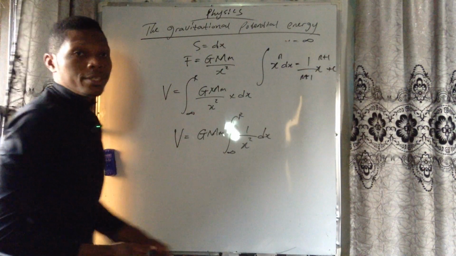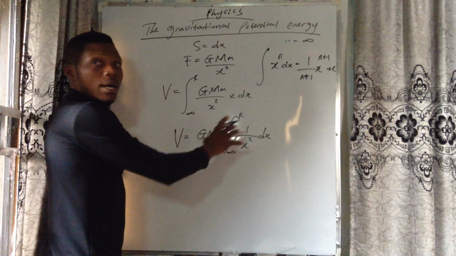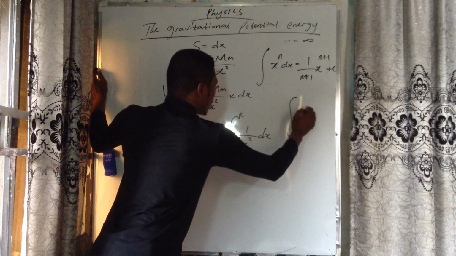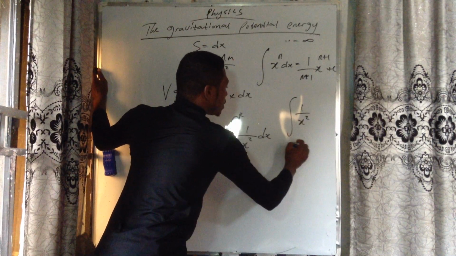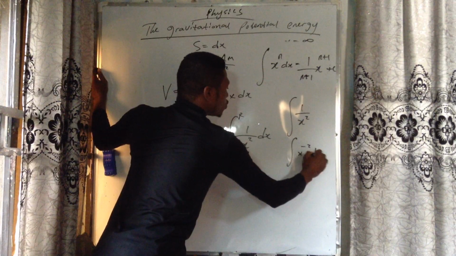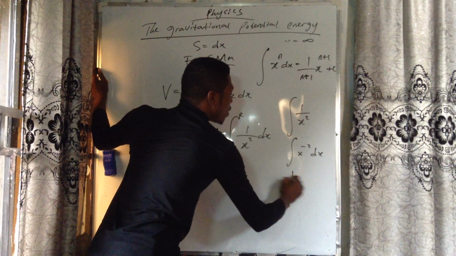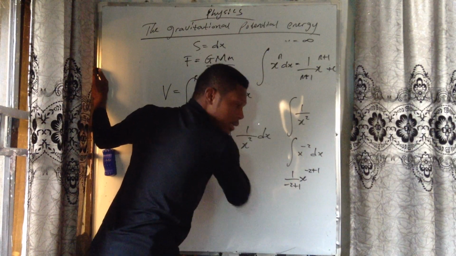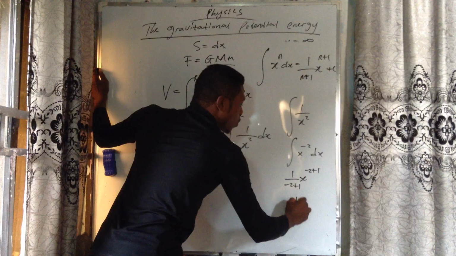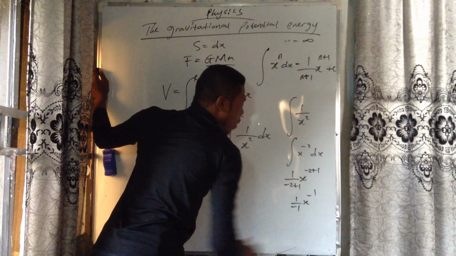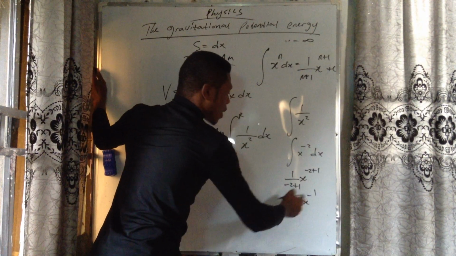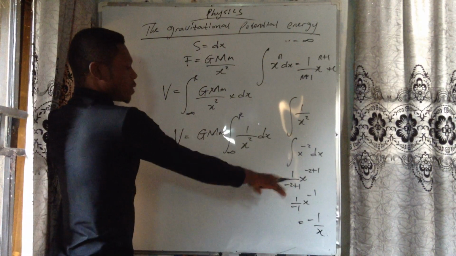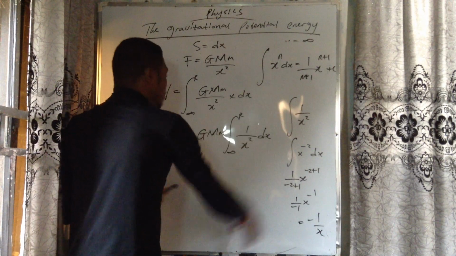The integral of 1 over x squared is the integral of x raised to power minus 2 dx. From this formula we have 1 over minus 2 plus 1 times x raised to power minus 2 plus 1, that is 1 over minus 1 times x raised to power minus 1, which gives us minus 1 over x. So we have evaluated this integral.